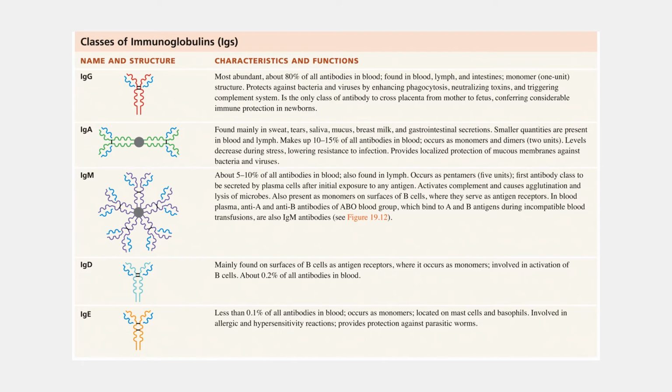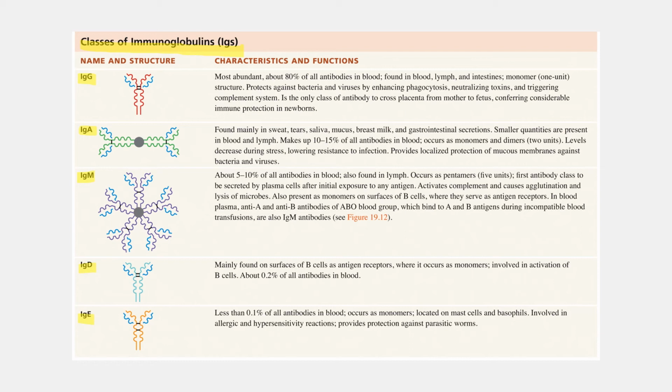So there are actually 5 classes of immunoglobulins, or 5 classes of antibodies. These are IgG, IgA, IgM, IgD, and IgE. Now, the actions of the 5 classes of immunoglobulins will differ somewhat, but all of them act to disable antigens in some way.